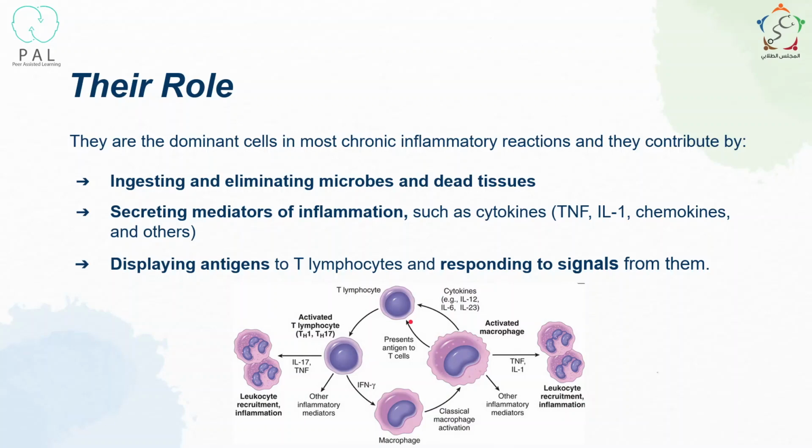And three, it can release tumor necrosis factor and interleukin-1, which helps the inflammatory process in general and induces more leukocyte recruitment. Now, as you can see, this looks pretty much like a cycle. There's somewhat of a bidirectional stimulation.